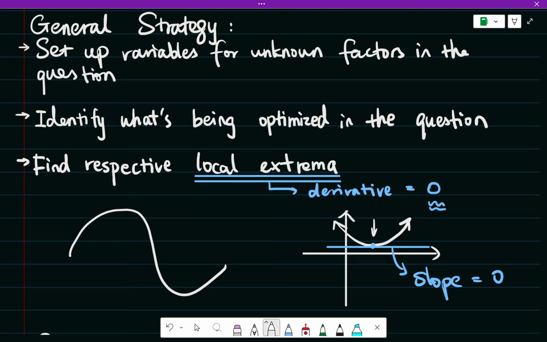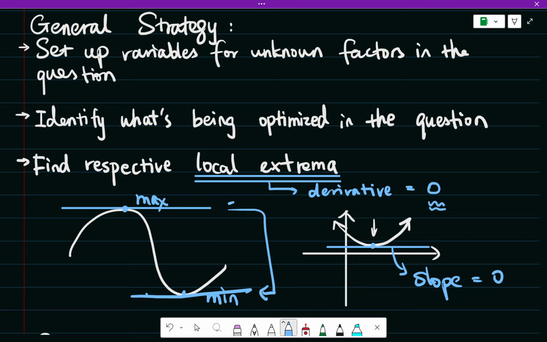If you're looking for this point or this point, this is a local max and this is a local min. Both of them will have a slope of 0 when we draw a simple tangent line for these 2 points. Since these 2 lines are both horizontal, their slopes must be 0. Therefore, the derivative for either one of them must be 0 as well.